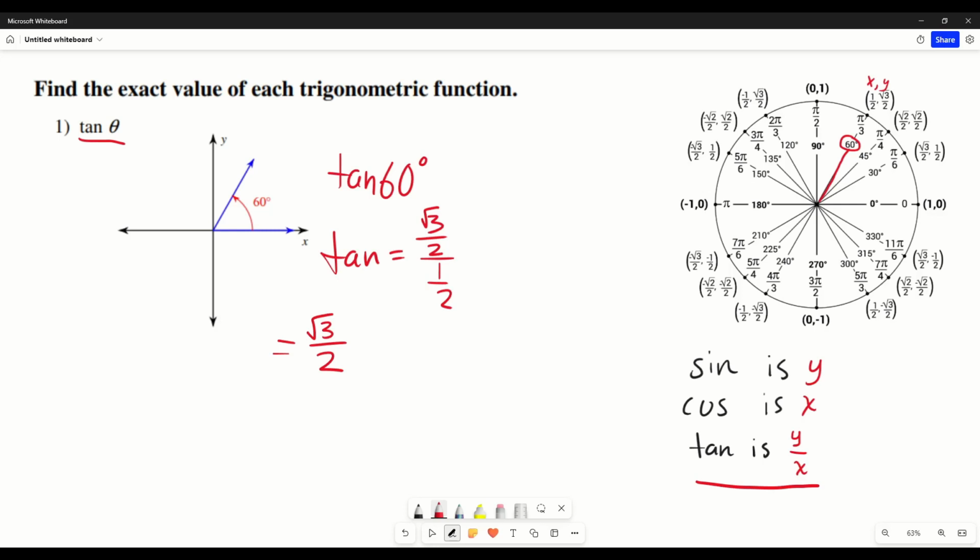We multiply by the reciprocal of 1/2, which is 2 over 1. Then we multiply straight across. 2 times root 3 is 2 root 3, and 2 times 1 is 2. The 2 in the numerator and denominator cancel out, which leaves our answer, root 3. So our exact value for tan of 60 degrees is root 3.